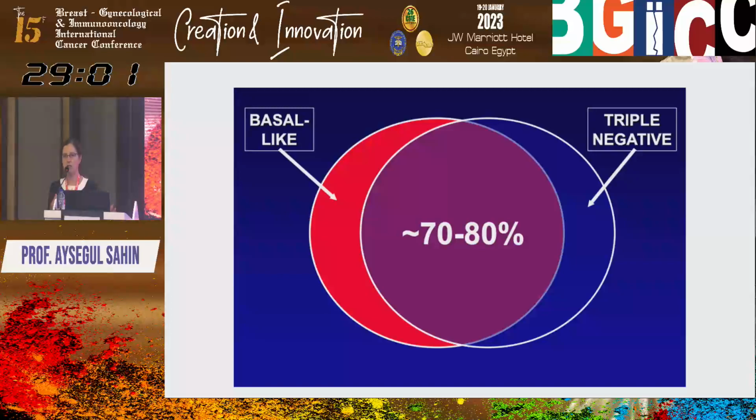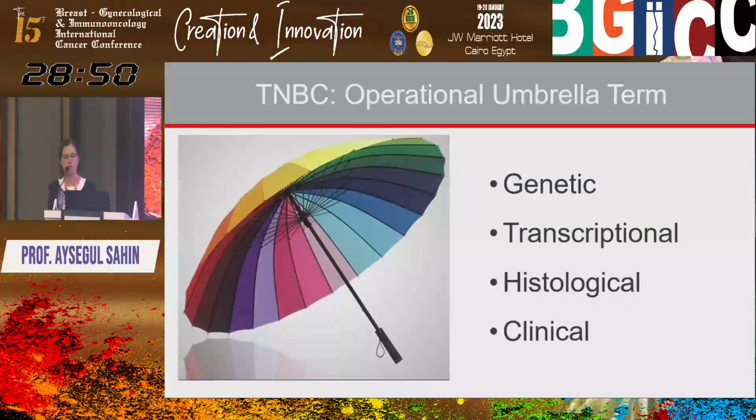And in around 2000, we also have the microRNA data, and based on that, we have the basal-like carcinoma based on the gene expression profile. Even though these two entities were mixed and many clinicians use it interchangeably, we know that they do not overlap 100%.